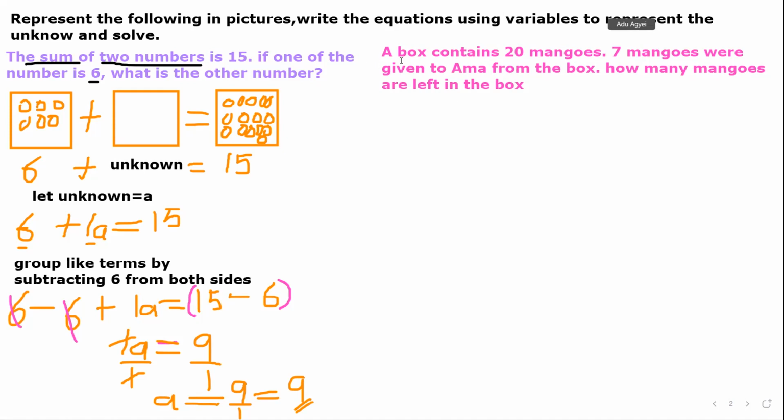But before then, you have to demonstrate them in a pictorial way, how to illustrate this one using pictures first to develop the understanding of the contents of this question, and then you use the equation to solve.